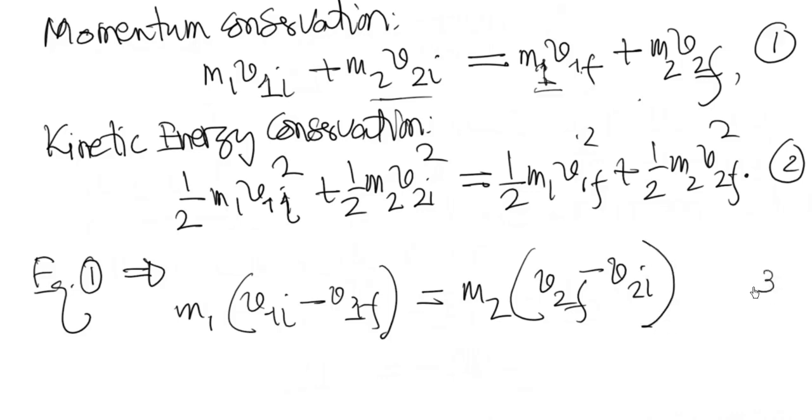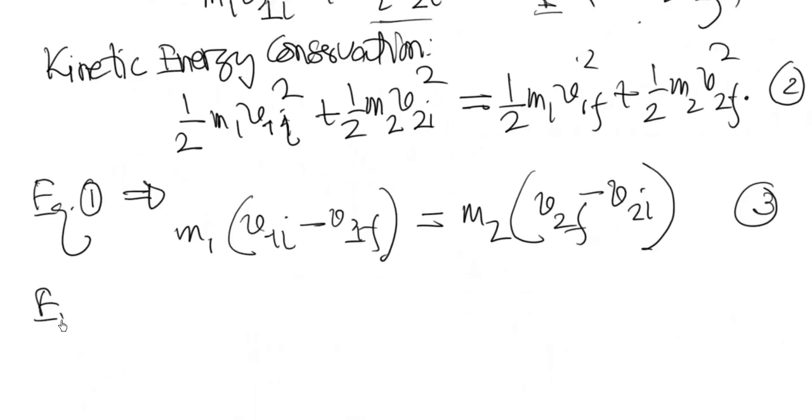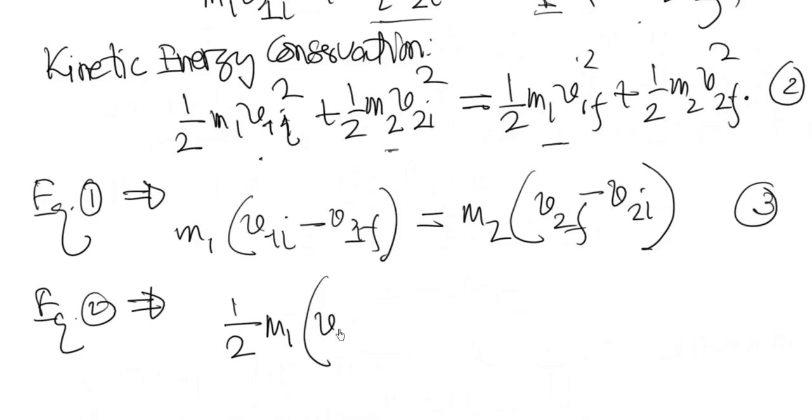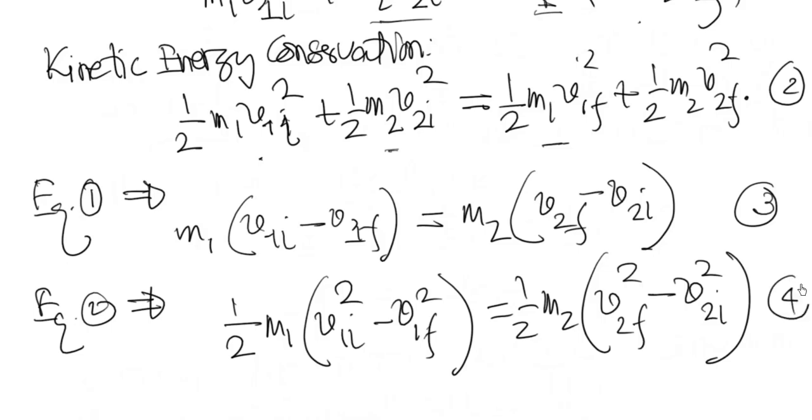Let us suppose this is 3. Similarly, equation 2 can be written as: bring this one on the left side and this one on the right side. Let us say this is equation 4.